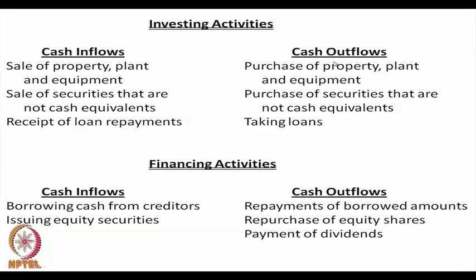Now, on the outflow side, if you buy land or buy buildings and other plant equipment, machines, then also cash flows out of the company. If you buy shares of other companies, then also cash flows out.